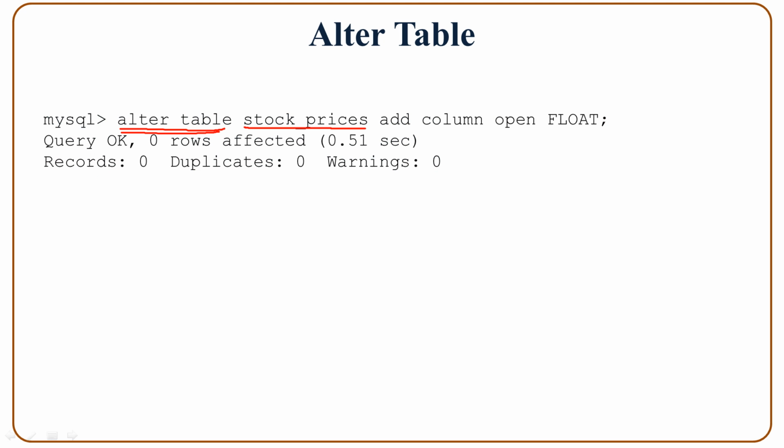Alter this table. And then you specify the action that goes with the alter table. So this action is add column. You want to add one more column. So you want to add open, meaning you want to add the opening prices with the type float.